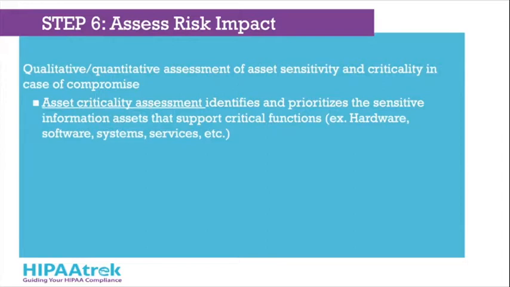Right, so you can do a qualitative, which is a non-mathematical approach, or a quantitative, a mathematical approach assessment of all of your assets to see what that potential impact would be. If you have an applications and data criticality analysis, that will help you a lot during this step.